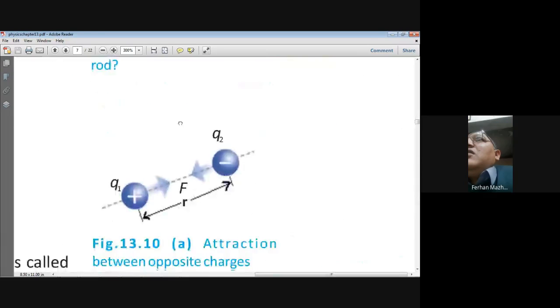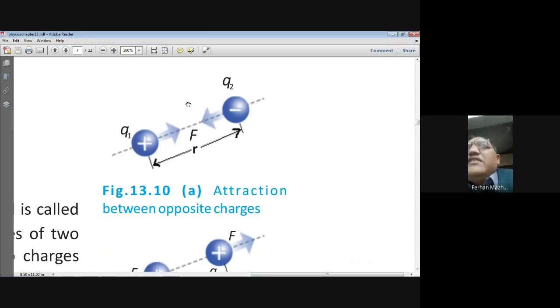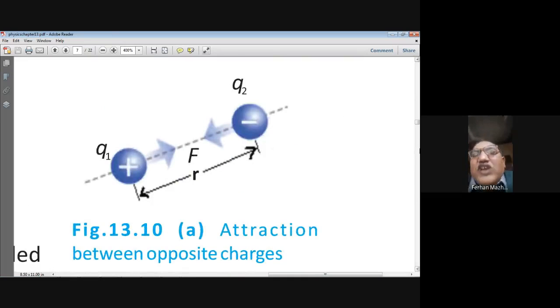The charge on one body is Q1 and the charge on the other body is Q2. The distance between the centers of these charged bodies is R. In this case, one is positive, the other one is negative, so there will be a force of attraction.